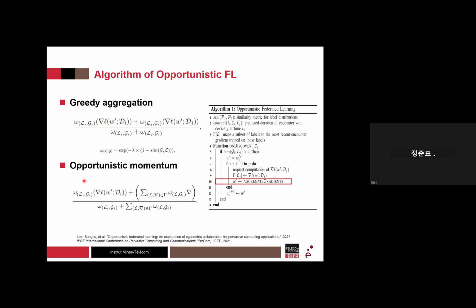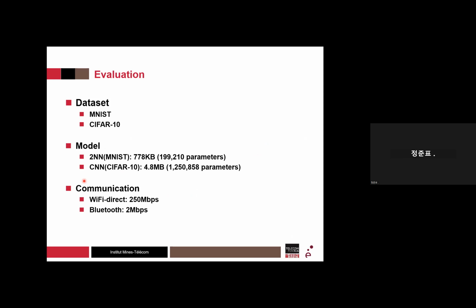And the paper argued that if the data encountered is unbalanced with respect to the core distribution, the model can overfit at the expense of the labels it encounters less frequently. And they use 2NN and CNN for the training models, whose sizes are 778 kilobytes and 4.8 megabytes.